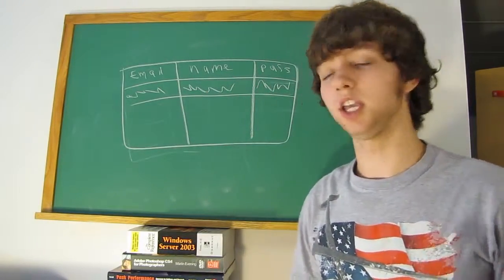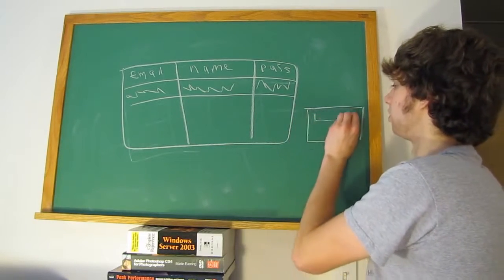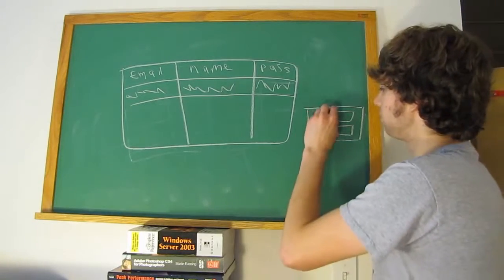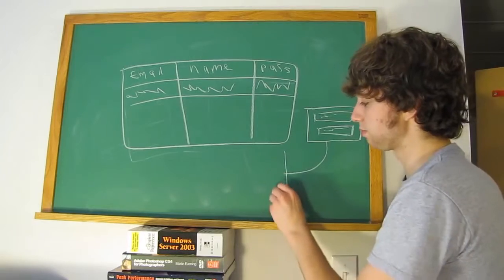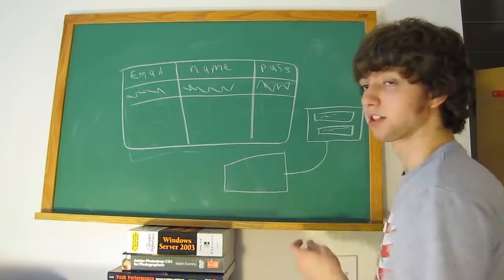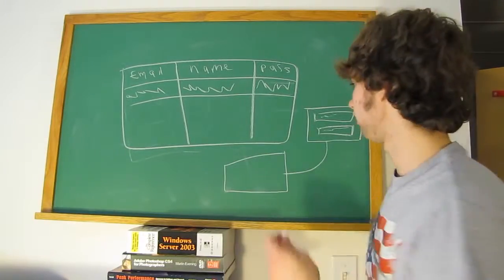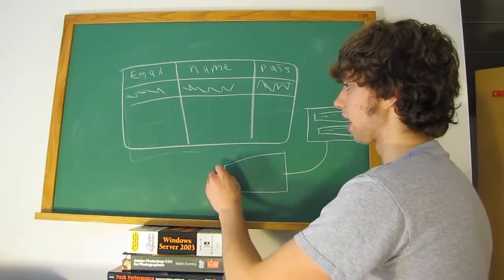Then when you go to log in, so now I have a login page, it's going to ask for your username and your password. So let's say you put it in. These are also going to be sent to a PHP script. It's going to check, okay, are they the appropriate format for a username and password? If they are, it's going to check the database.